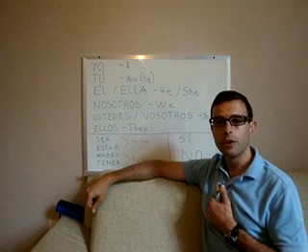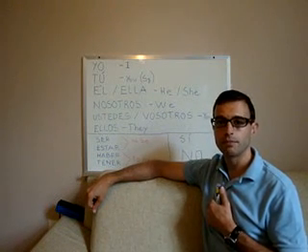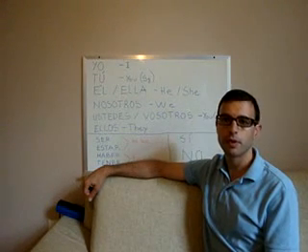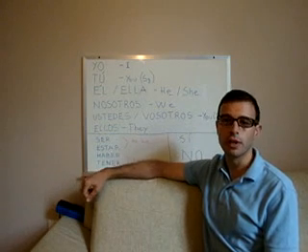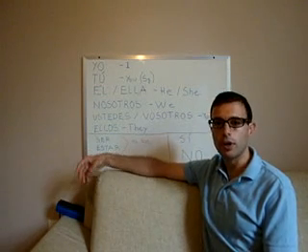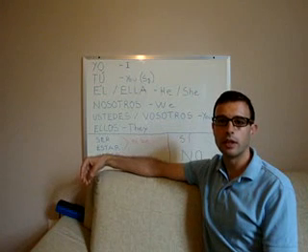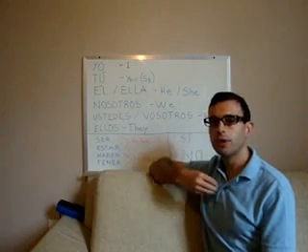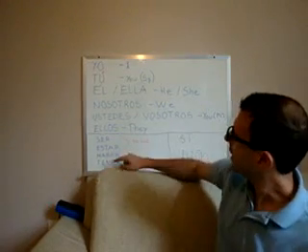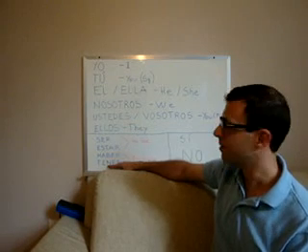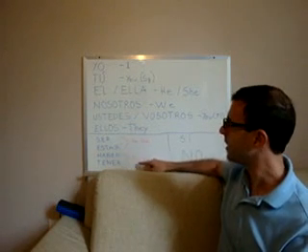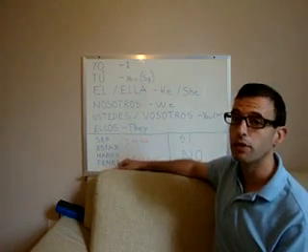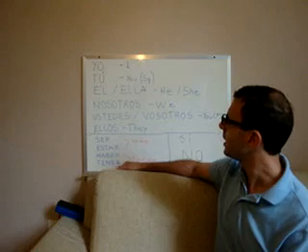Yo tengo un bolígrafo. Pen is bolígrafo. Un is just the indeterminate article. Let's leave that for now. Yo tengo un bolígrafo. I use the verb tener. I have a pen. Again, it's an irregular verb, so it's more difficult.